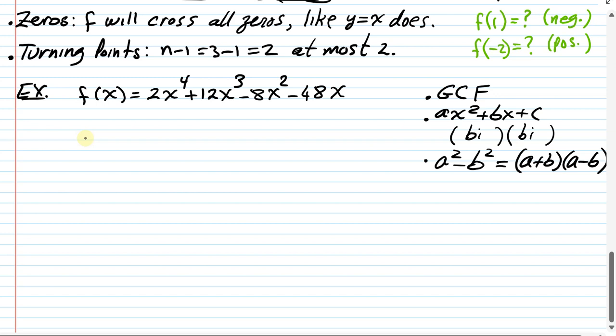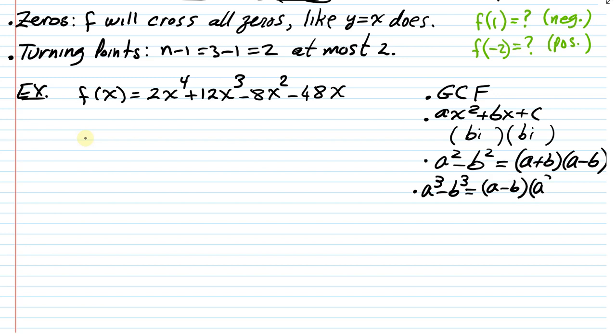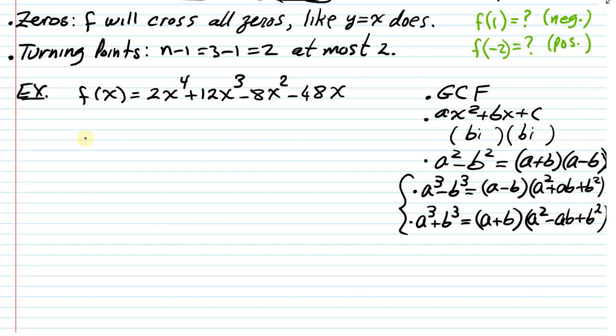That comes in handy. And we also have a formula for the difference of cubes. Again, this is just a quick review of factoring. It's going to be a minus b, a squared plus ab plus b squared, the factored form, if you recognize a difference of two cubes. And we could have a sum of two cubes. For the sum of two cubes, the factored form will be a plus b, a squared minus ab plus b squared. And if we factor them using these formulas, the cubes, these two polynomials, these two factors will never be factorable.